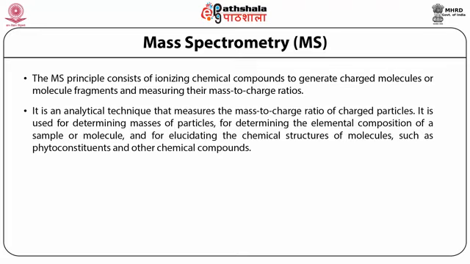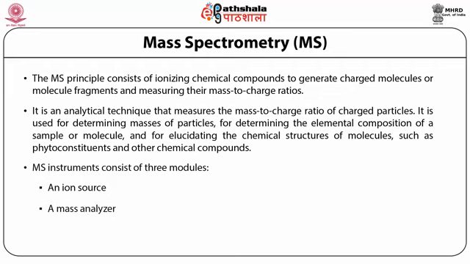It is usually used for determining the masses of molecules and compounds, for determination of elemental composition, and for elucidating the chemical structures of molecules, such as phytoconstituents and new chemical entities. It has also been used as a detector in tandem with several chromatographic methods. A typical mass instrumentation system consists of an ion source, a mass analyzer, and a detector.